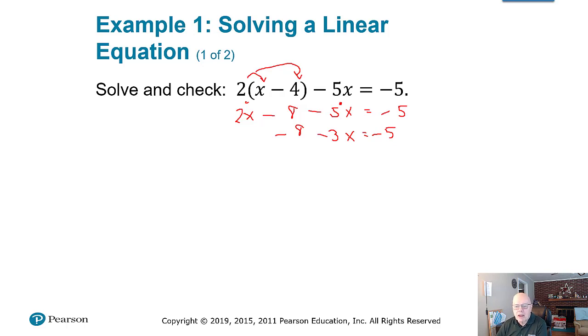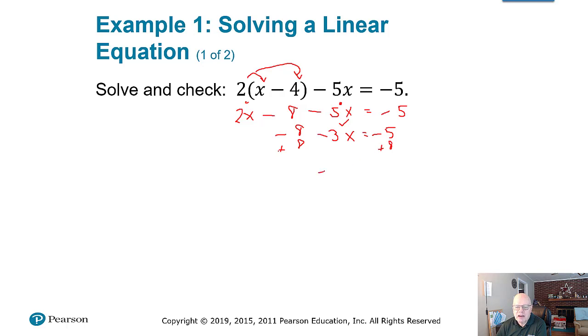Next, the x's are all on the left side. That's good. But we need to get rid of this -8. So we'll add 8 here. To make sure we still have equality here, we'll have to add 8 over here.